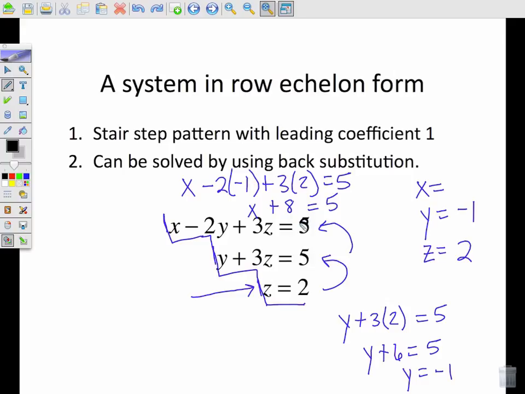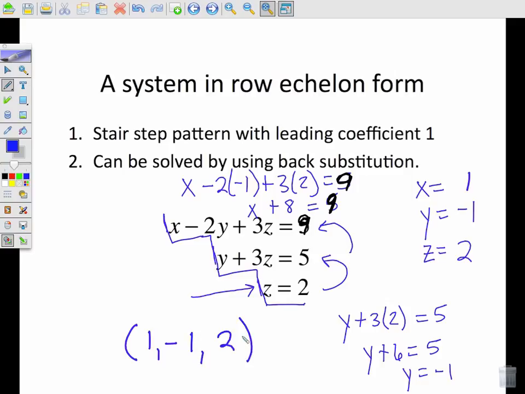You have a 9 here, so let me change this to a 9, and then this to a 9. All right, now we can continue on. If you subtract 9 minus 8, x is equal to 1. So our solution to this system in an ordered triple is 1, -1, and 2.